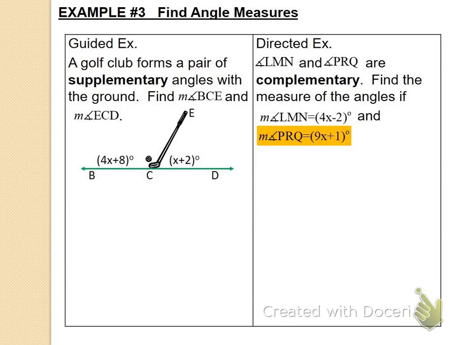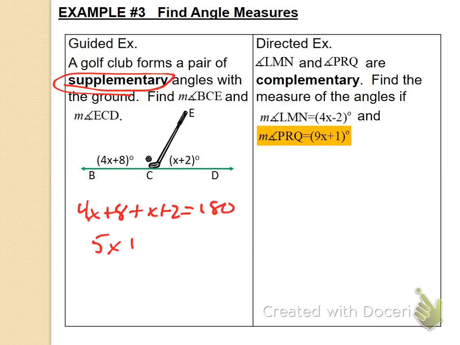Right? So how do we go about setting this up? Well, since they're supplementary, that means they have to do what? Yeah, they have to add to 180. So just take 4x plus 8 plus x plus 2 and set them equal to 180. Right? Piece of cake. 5x plus 10 equals 180. Subtract 10. Divide by 5.